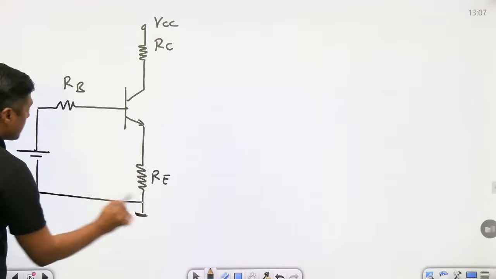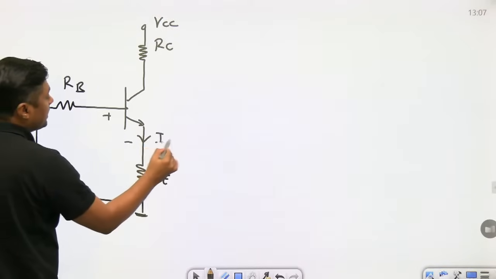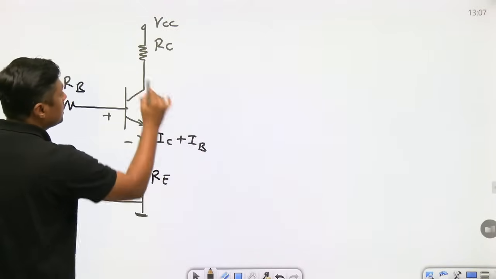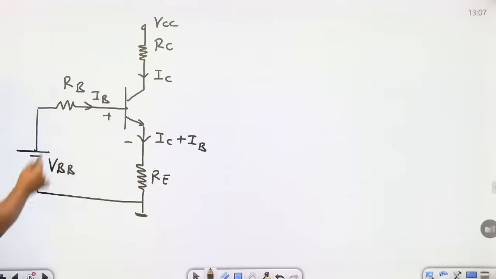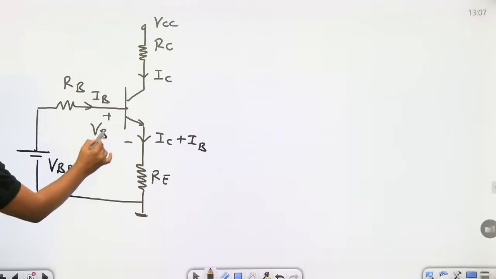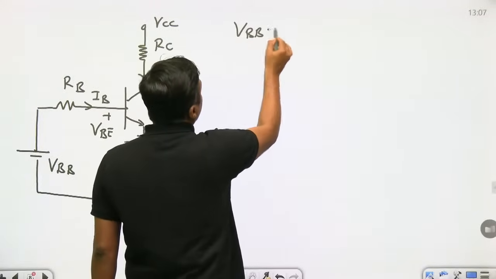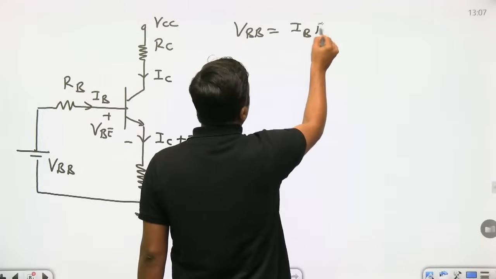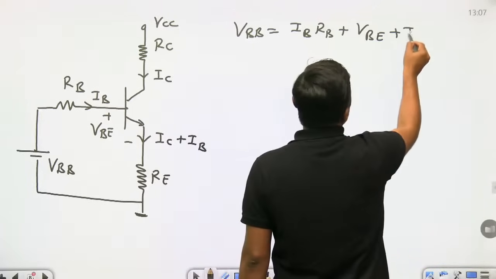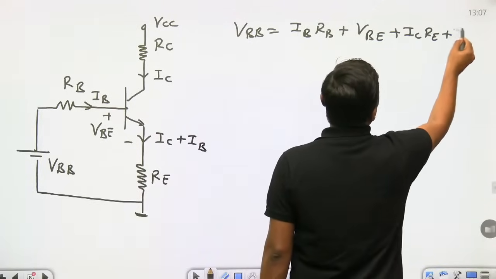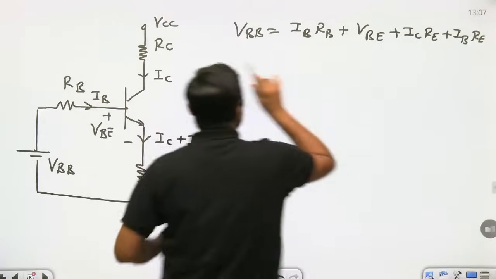Here we are connecting the supply VBB. Here we have the current IC plus IB. This current is IC, this current is IB. When we write the KVL in this part, VB is kept constant. You can write VBB is equal to IB RB plus VB plus IC into RE plus IB into RE, that is (IC plus IB) into RE, to write down the KVL.